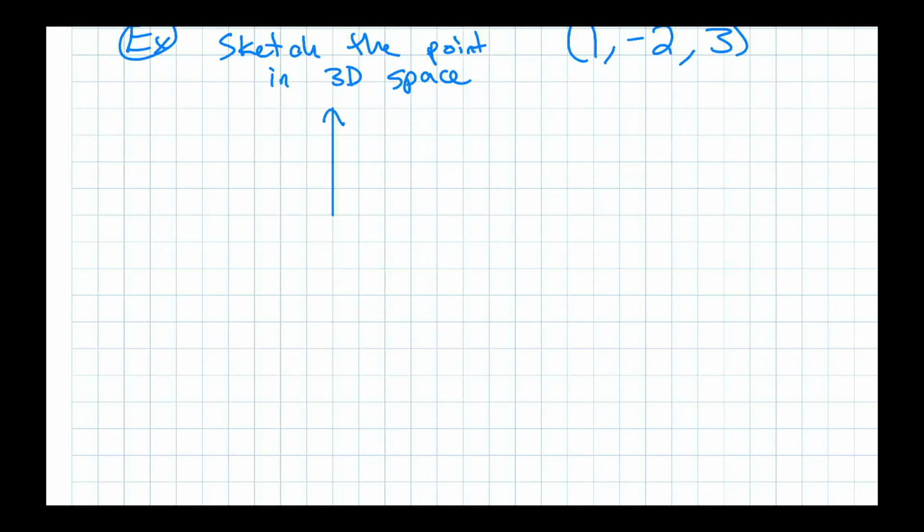Z is straight up. And it doesn't really matter how you draw this. Like you can draw X this way and then Y this way. This is fine. A lot of times you don't want Y pointing like that, you would rather have Y pointing like that. It's just a matter of perspective. You could also draw it like this, where Z is straight up, you draw Y straight out to the right, and then X could be like this.